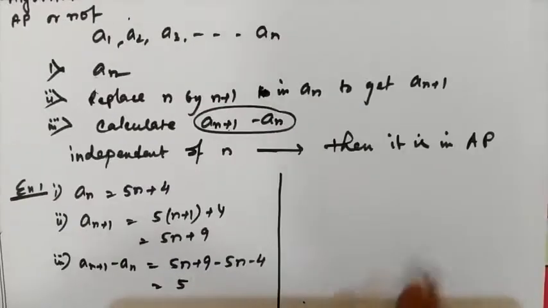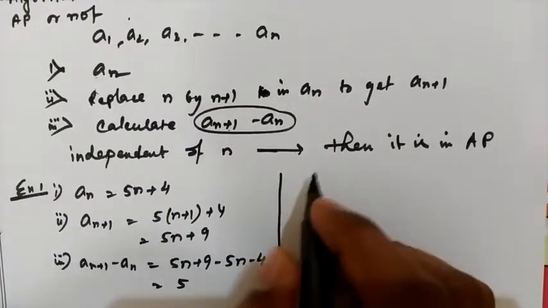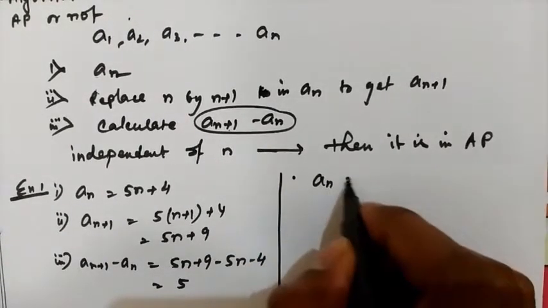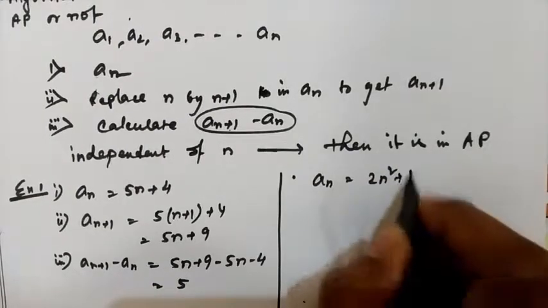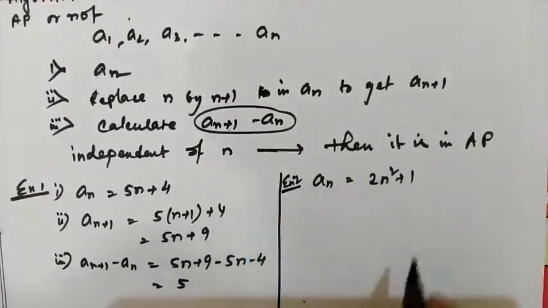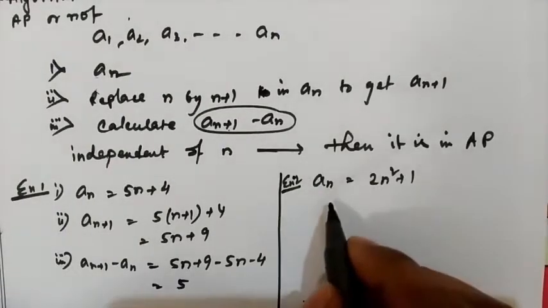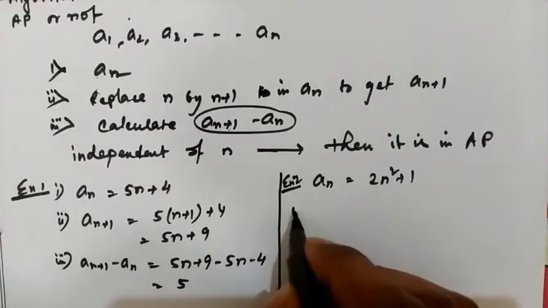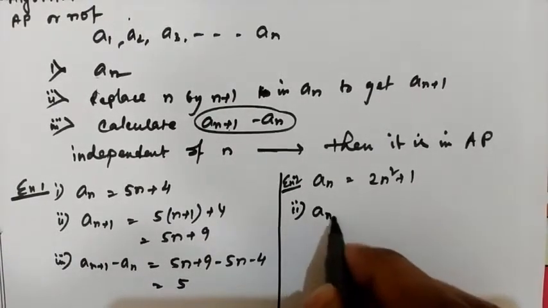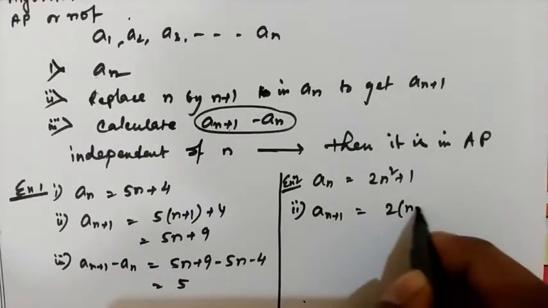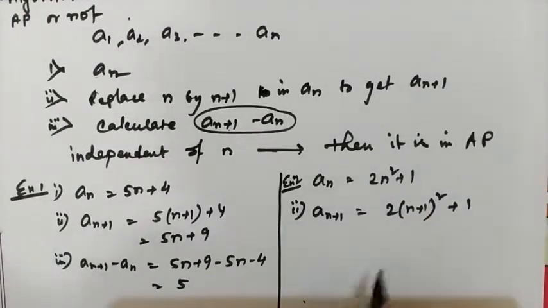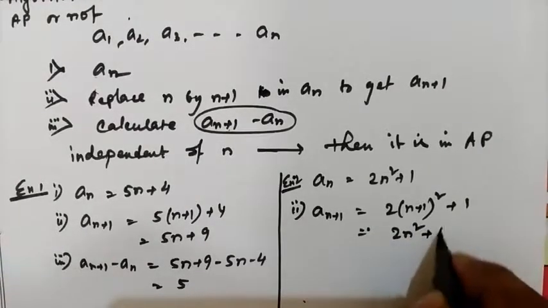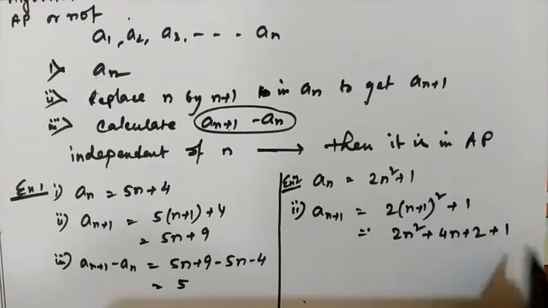Now another example, an is given as 2n square plus 1. We have to see whether this is in AP or not. What is the second step? Replace n by n plus 1: 2 into n plus 1 whole square plus 1. So we are getting 2n square plus 4n plus 2 plus 1.